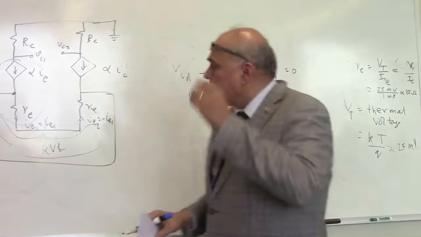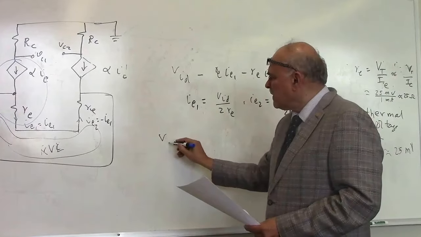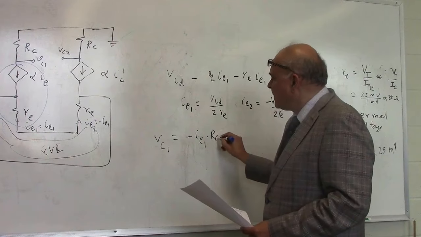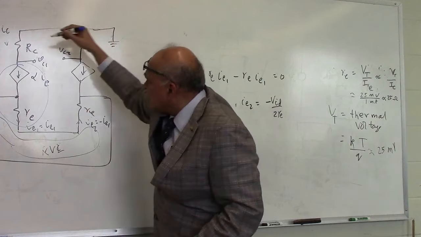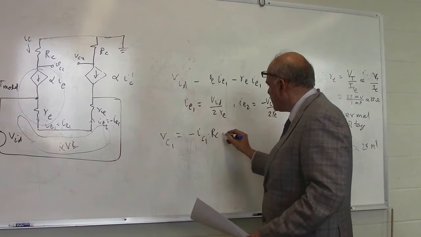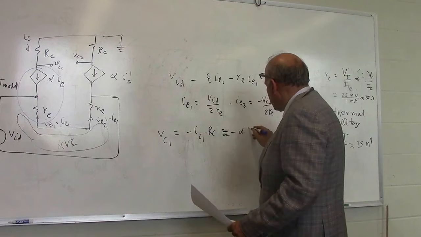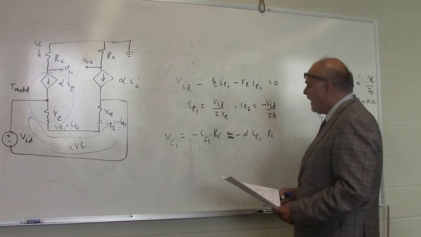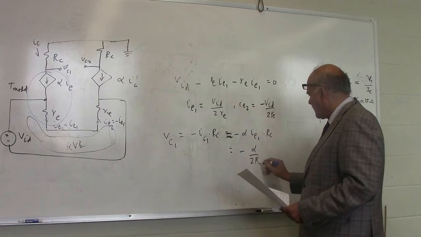All right? So now this is our IE, and therefore VC1 will be equal to minus IE1 times RC, because this is 0, this is IC, which is the same as IE. So minus IC1 times RC, which is exactly equal to alpha IE1 times RC, and so that will be equal to minus alpha over 2RE times RC.